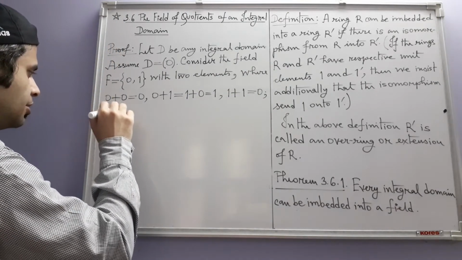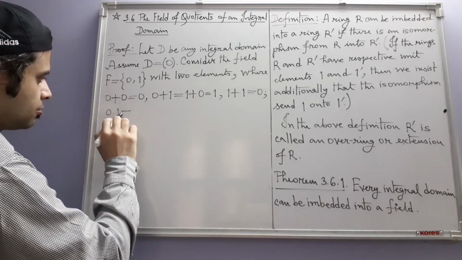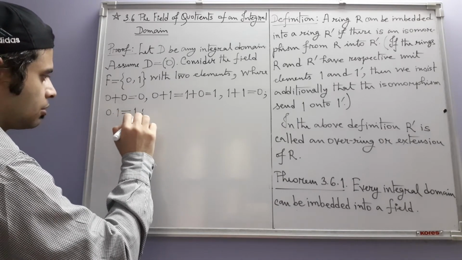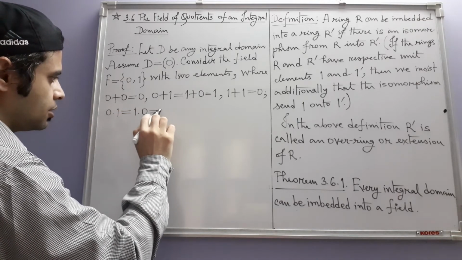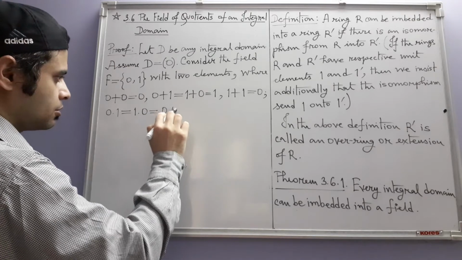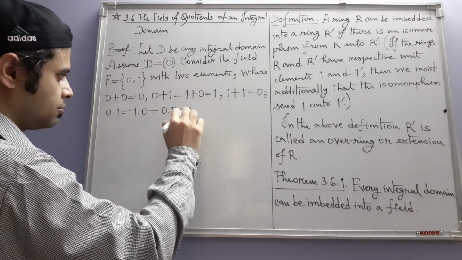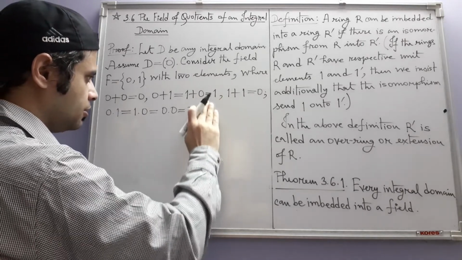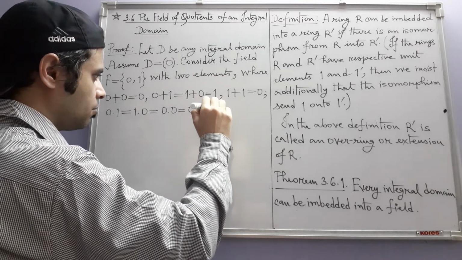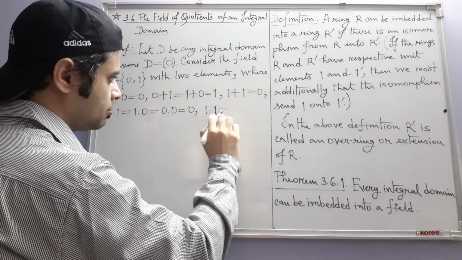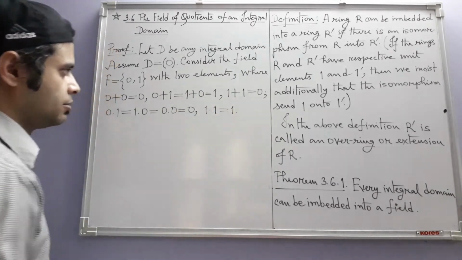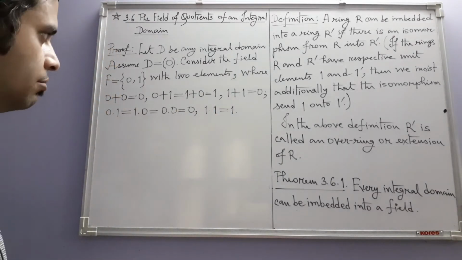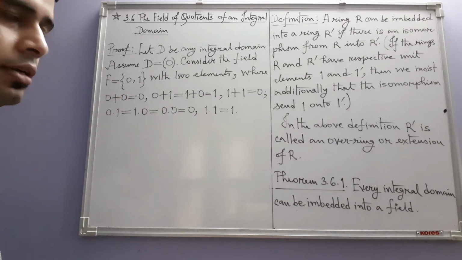Multiplication is also similar: 1 times 0 is equal to 0 times 0 is equal to 0, and 1 times 1 is equal to 1. One can verify that with these operations this is a field.